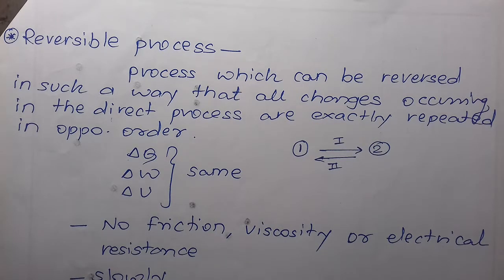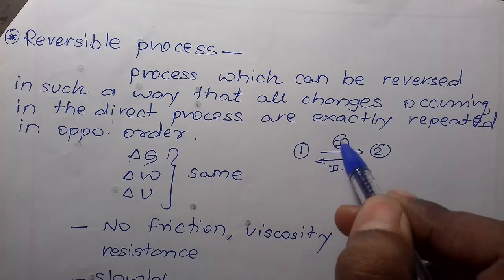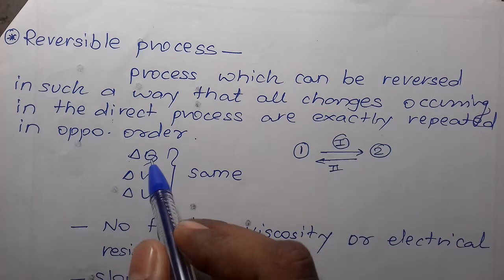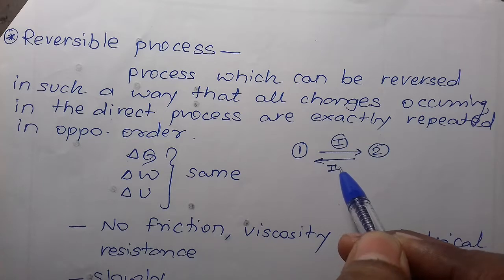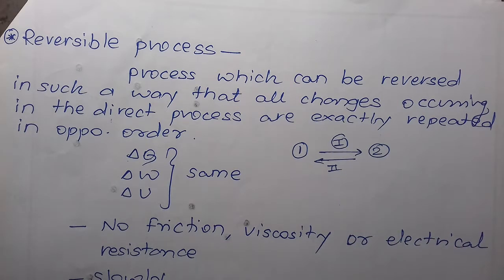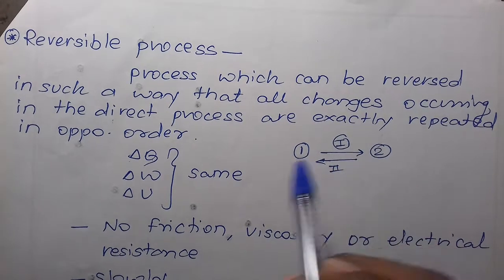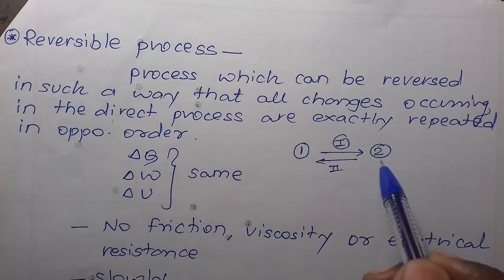So if energy provided in the forward process is delta Q, then energy provided in the reverse process should be minus delta Q. If work done in the forward process is delta W, then work done in the reverse process is minus delta W. Same with the internal energy change.